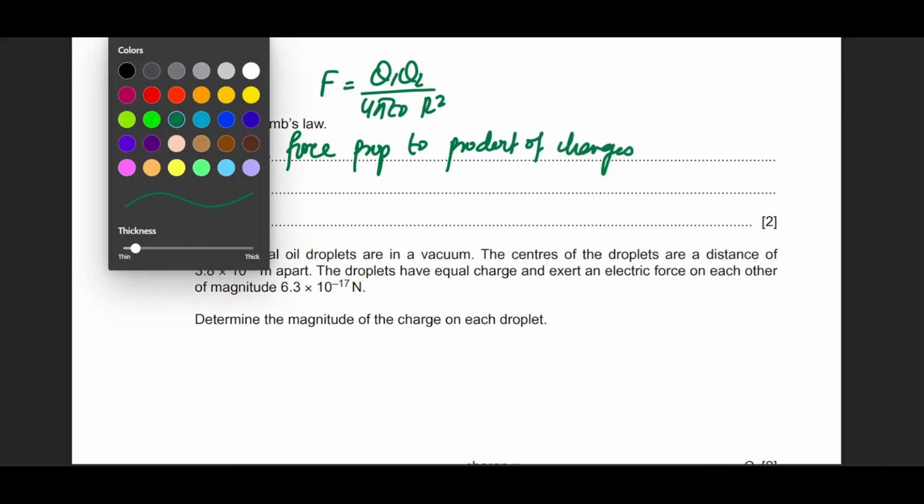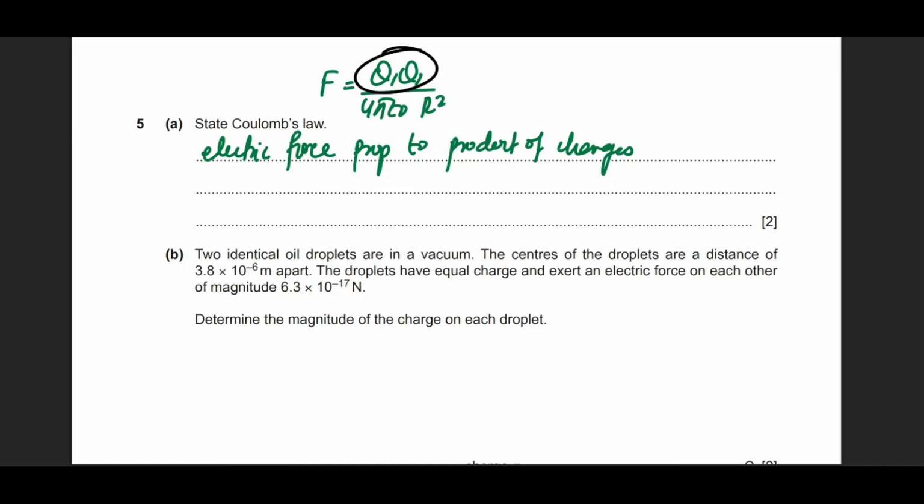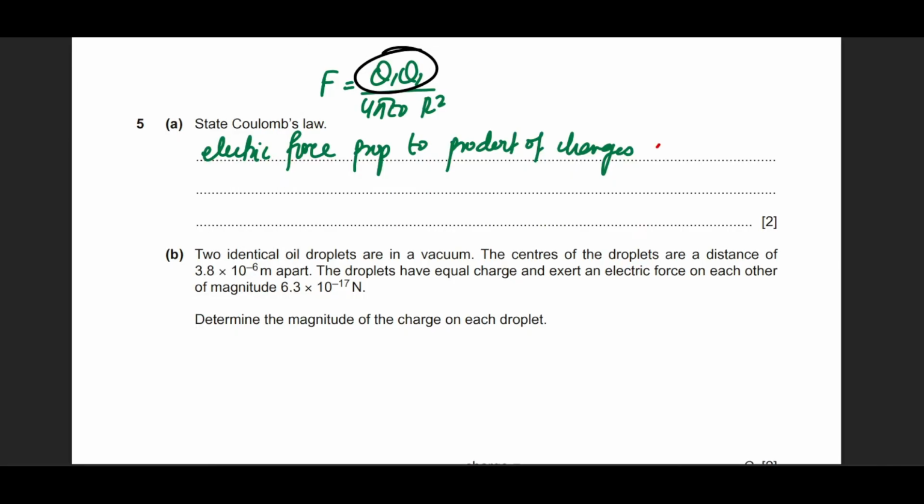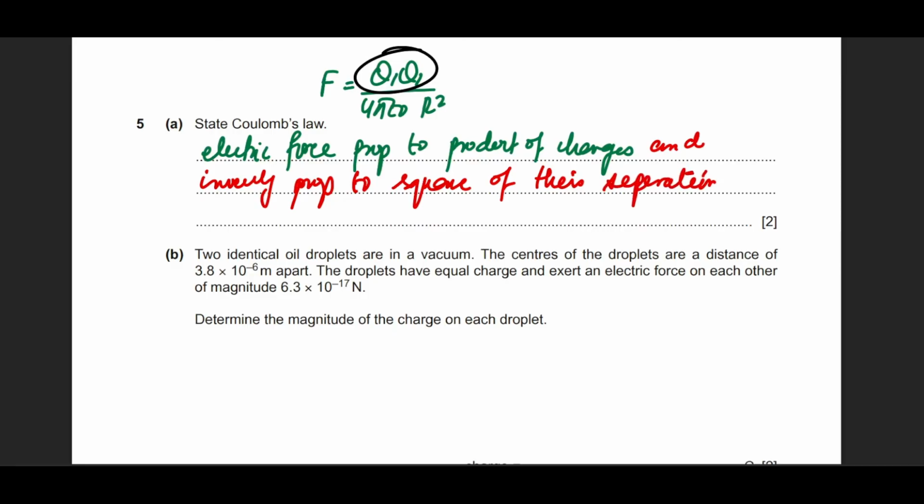Notice what we've done. Is this not the product of charges? Yes. And inversely proportional to the square of their separation. Some students go ahead and say the square of separation between their centers, right?